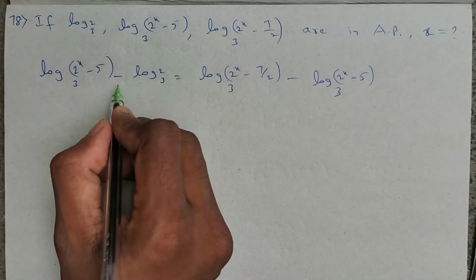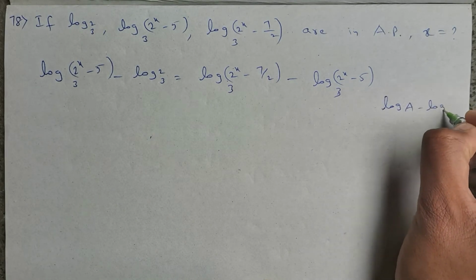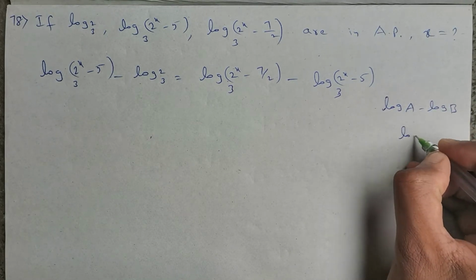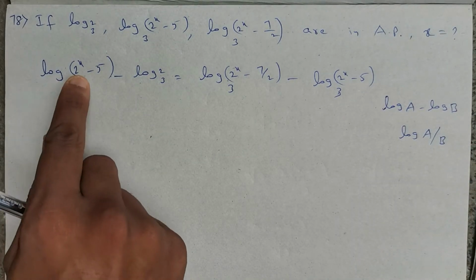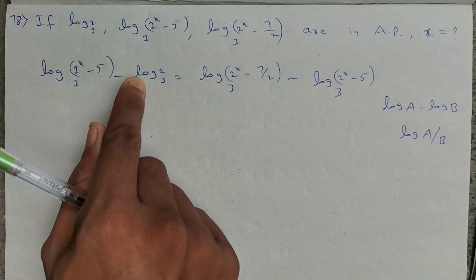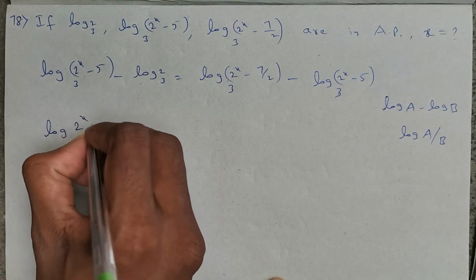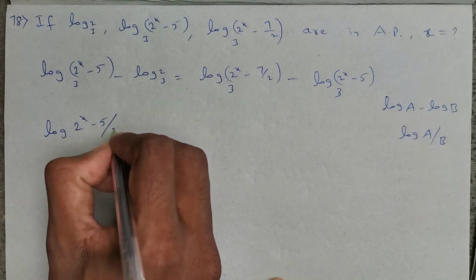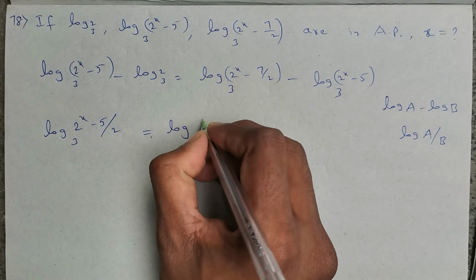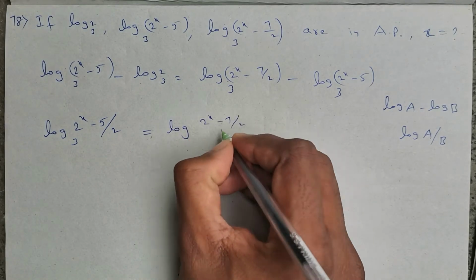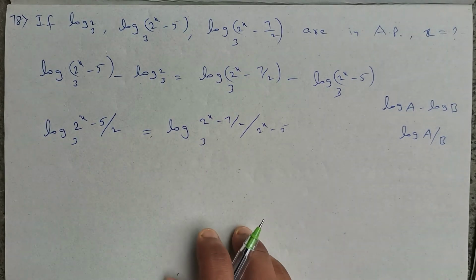Now here minus is there, so what is the formula we have? Log A minus log B is equal to log A by B. So log 2 power x minus 5 base 3 minus log 2 base 3 can be written as log 2 power x minus 5 divided by 2, base 3 as it is, equals log 2 power x minus 7 by 2 divided by 2 power x minus 5, base 3.